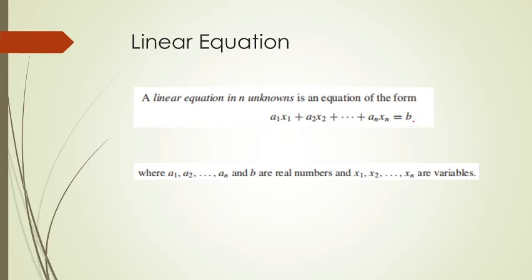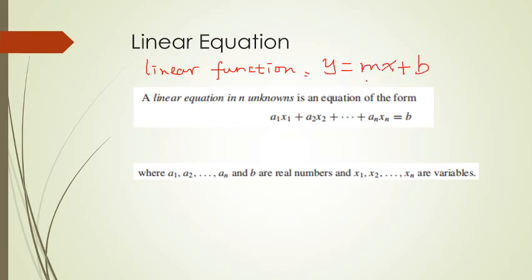It's a linear function for each variable, x1, x2 until xn, which means we don't have any term like x1 squared, where the degree is greater than 1. So from here, we can recall the linear function about one variable, that is y equals mx plus b.